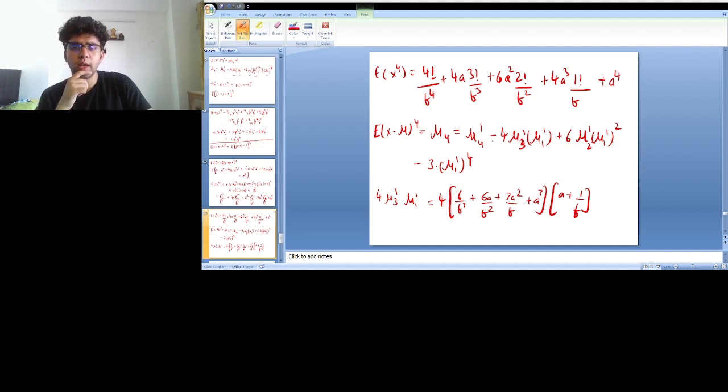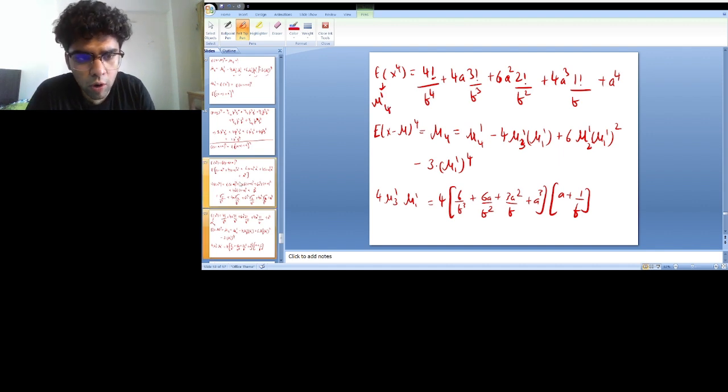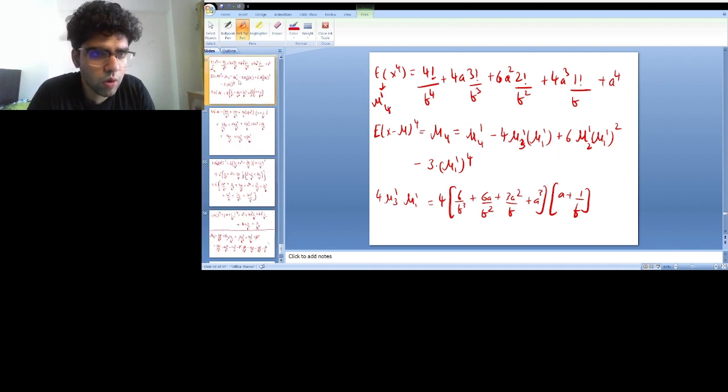So we found the value of E(X)^4, so this E(X)^4 is μ4', right? So now we have all of the values.